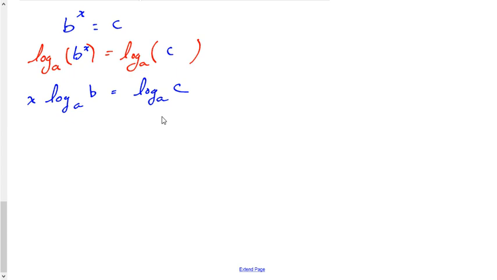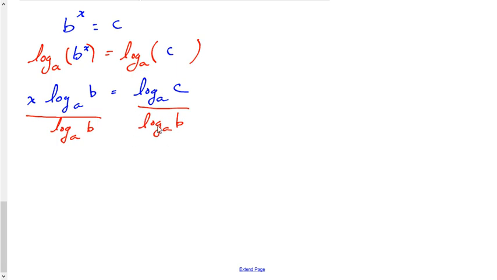Now, using rules for equations, I can divide both sides by log base a of b. But remember, I can only divide if my denominator is not 0.